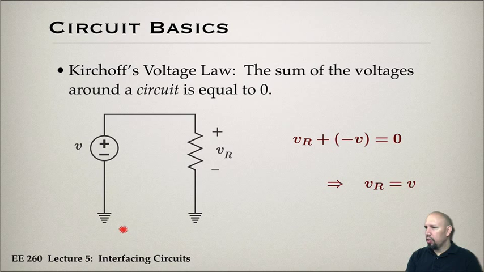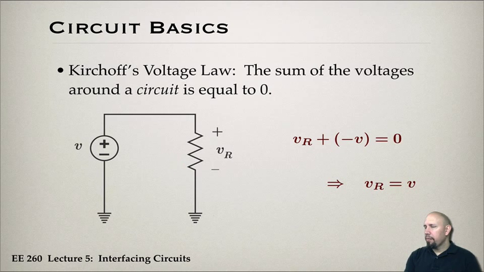Here there's no voltage difference. And then notice here we're entering through the minus side as we go around, so that gives us a minus V, and that's equal to 0. So if we take V over to the other side, we get that VR is equal to V.